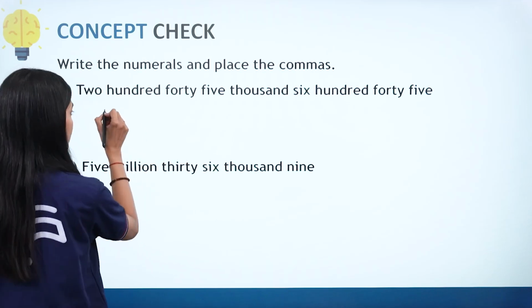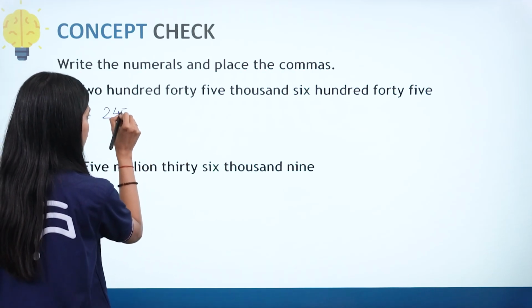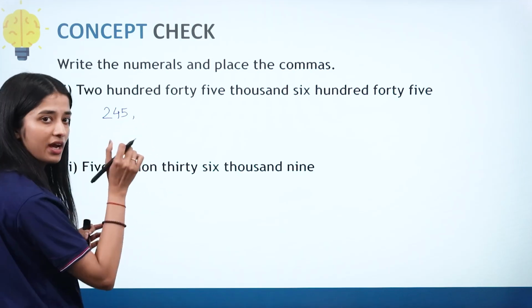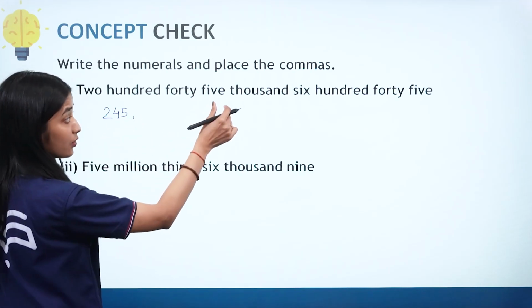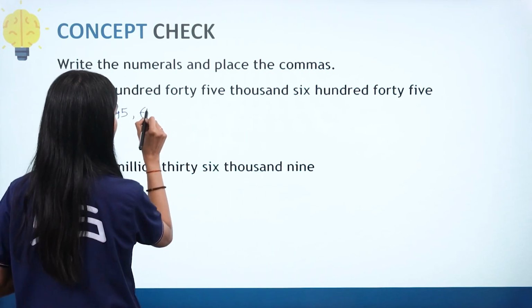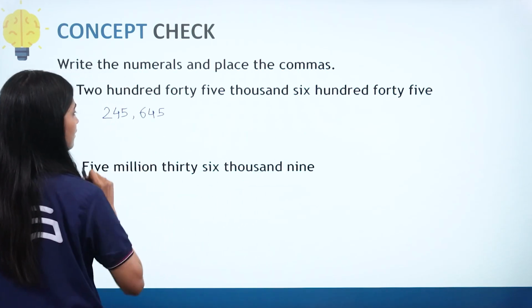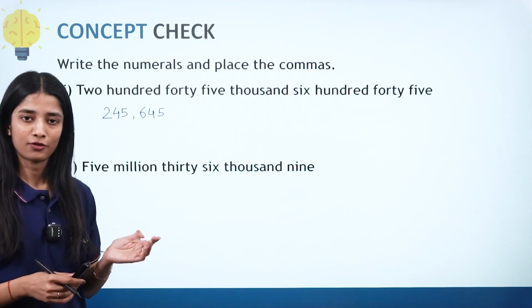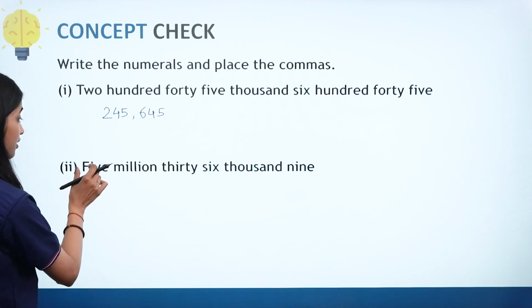So we will write 245, then put one comma, because after the 1,000 group we have a comma. Then at the ones place we have 645. So our required number is 245,645.